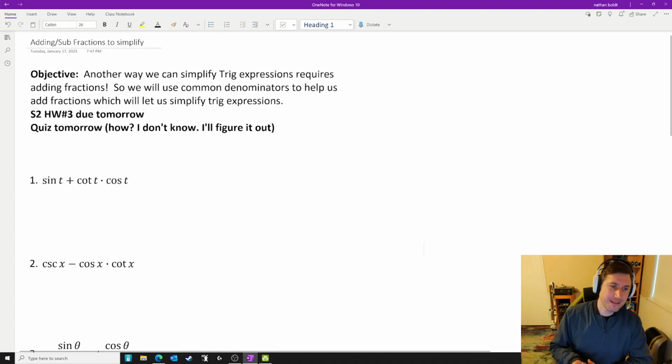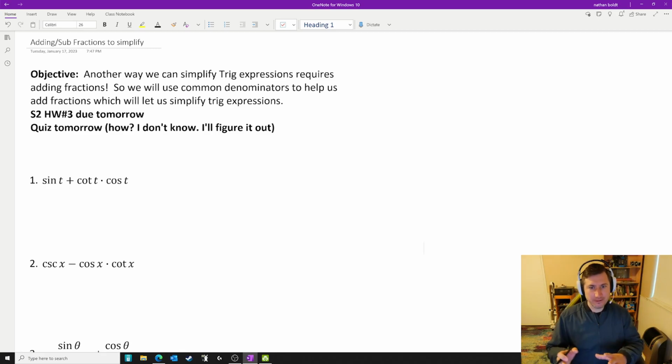Hello, Trig students. Today we are going to be looking at one of our last ways to simplify some trig expressions, and this uses your favorite thing. All right, your favorite thing in the world, fractions.